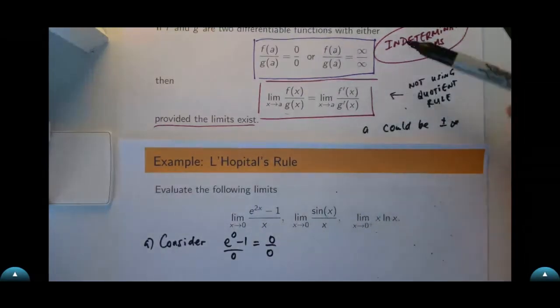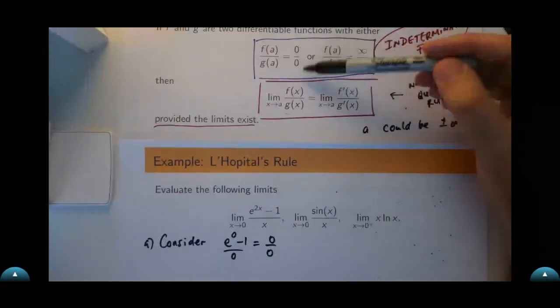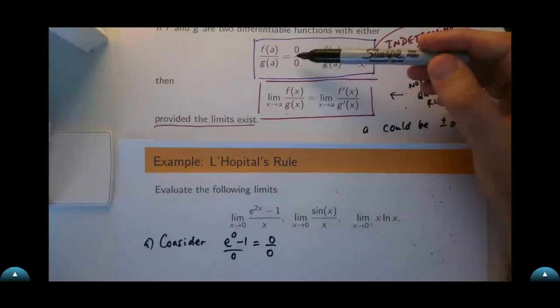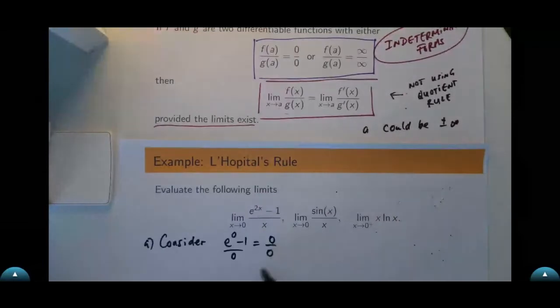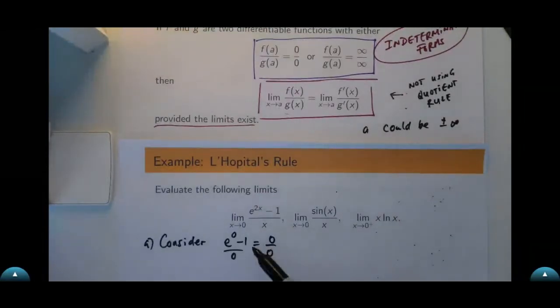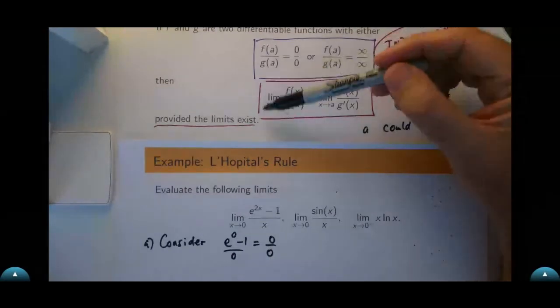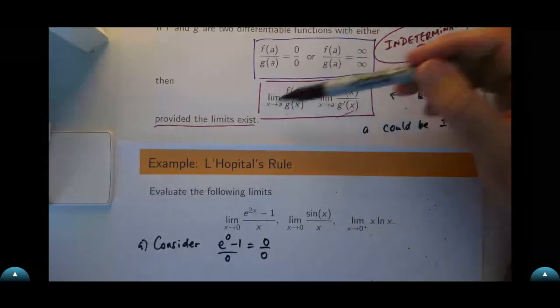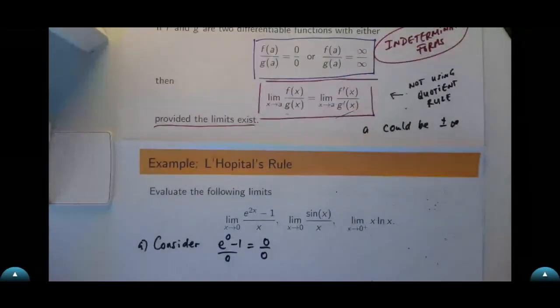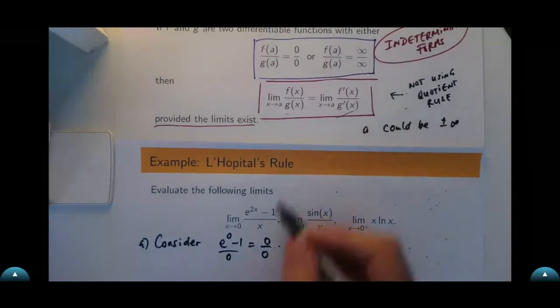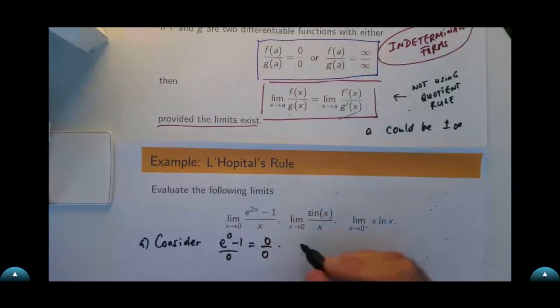So we do have this kind of indeterminate form, right? Okay, it doesn't mean anything. We don't actually know what this is, but what it does say is that we can have a go at applying L'Hopital's rule provided all the limits exist. Okay, so this does satisfy these sort of conditions.